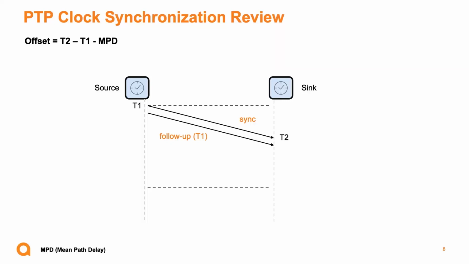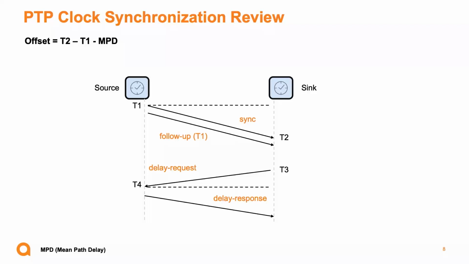Now, that's how a very simple time synchronization protocol could work. But PTP goes further and adds the mean path delay to the calculation to provide a more precise mechanism. In general, and we'll see each one of the delay mechanisms later, the sync will send a delay request upstream at time T3.